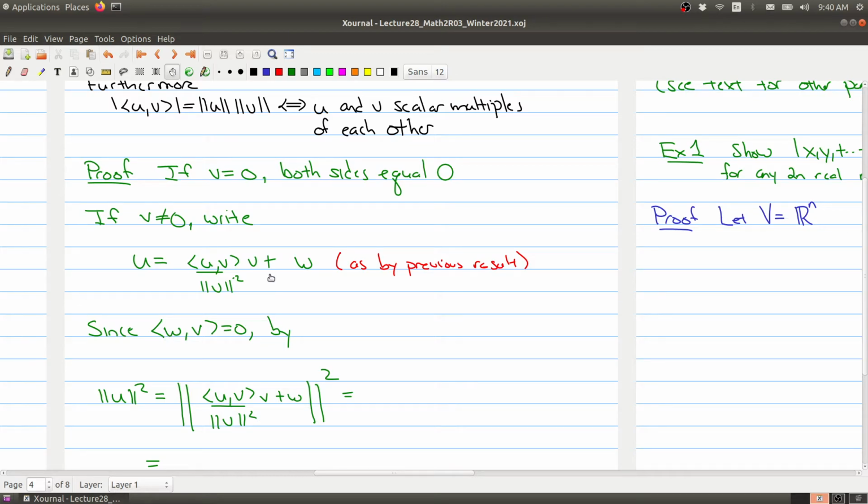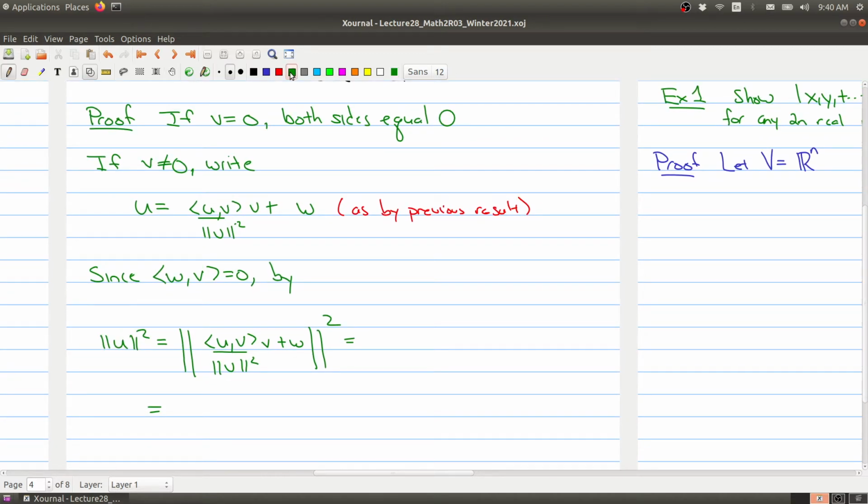Now, since v and w are orthogonal, we can apply the Pythagorean theorem. So the norm of u squared is equal to the norm of the first vector squared plus the norm of the second vector squared.